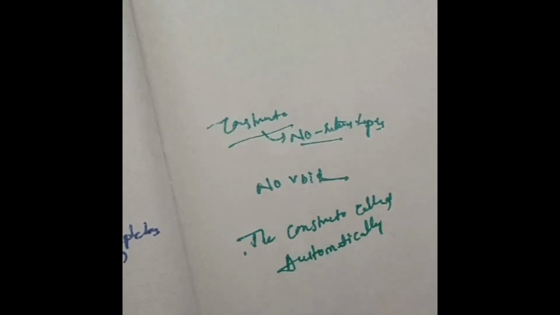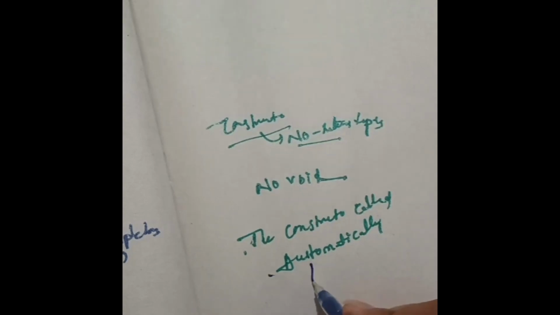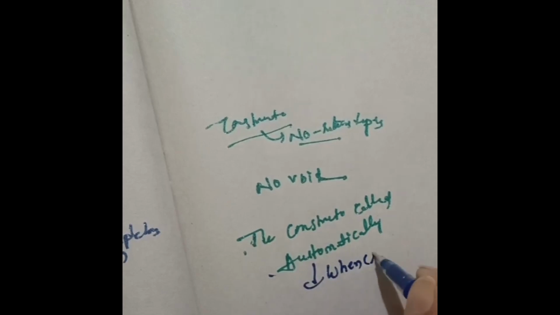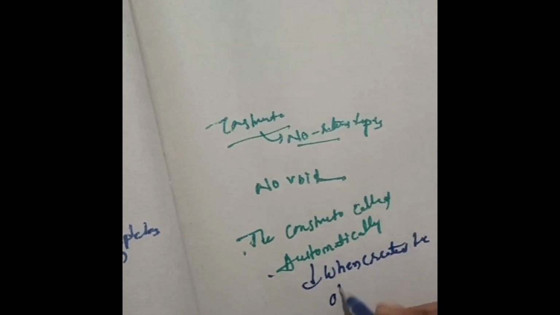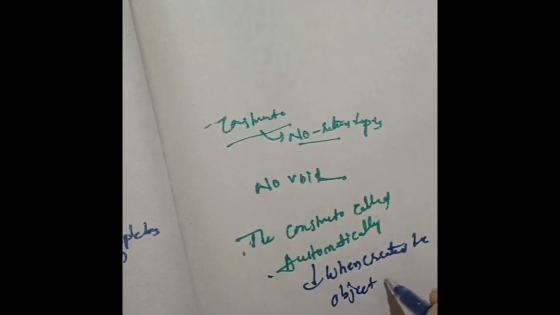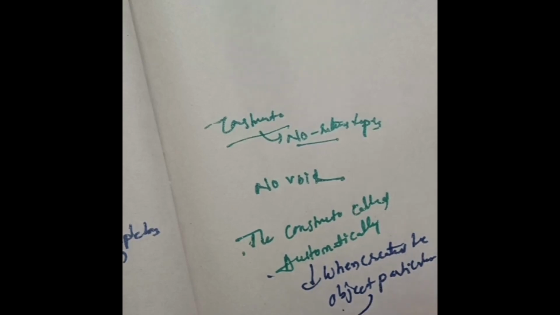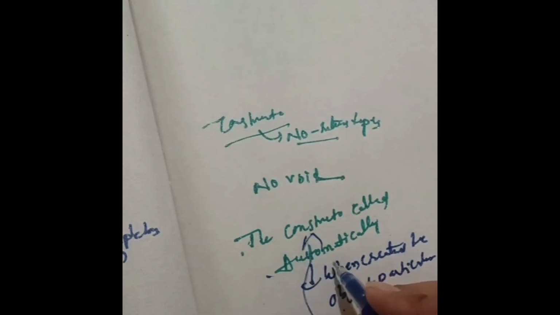Automatically calling the constructor means whenever we create an object of a particular class, the constructor is automatically executed. This is called the constructor.